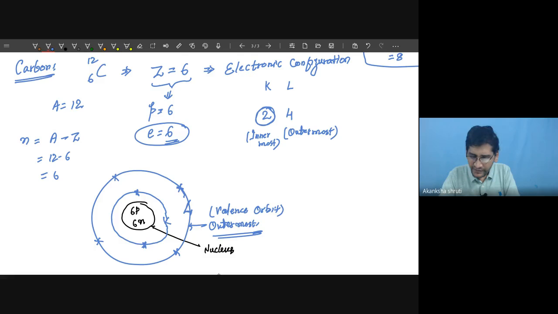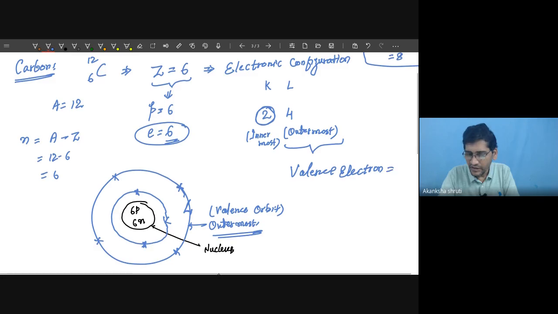So here the valence electrons are how much? It is 4. The outermost orbit has the tendency to accommodate 8 electrons.